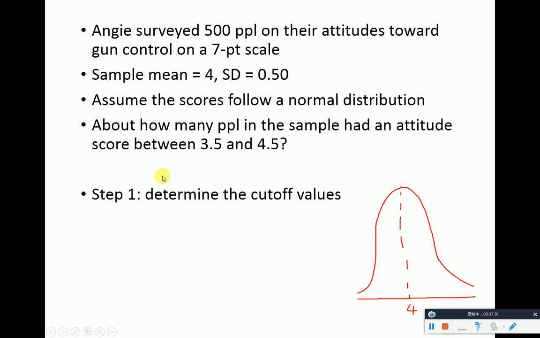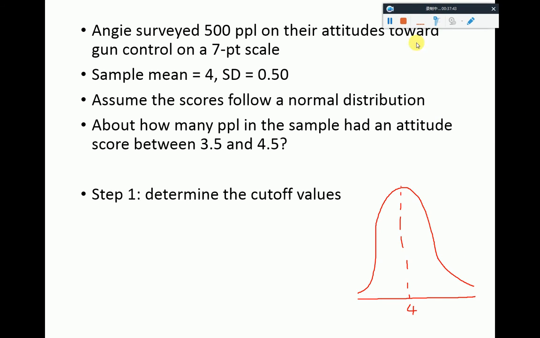So that translates to the question of where 3.5 and 4.5 are on this distribution, or on this axis. This axis represents values of the variable. What do you think? Where should they be?